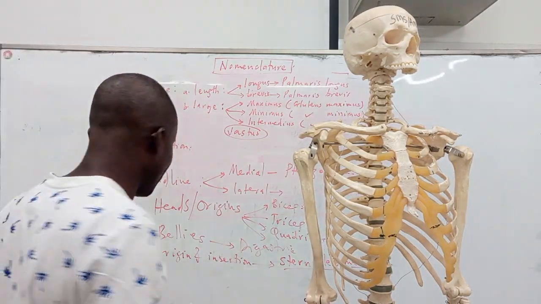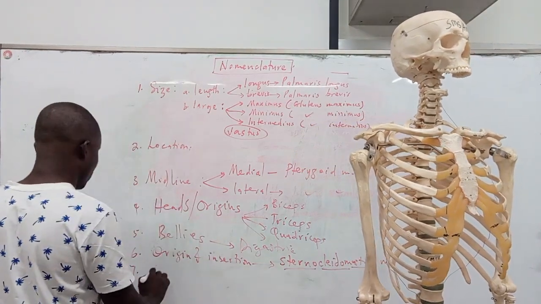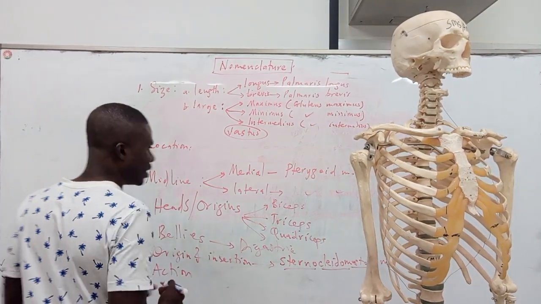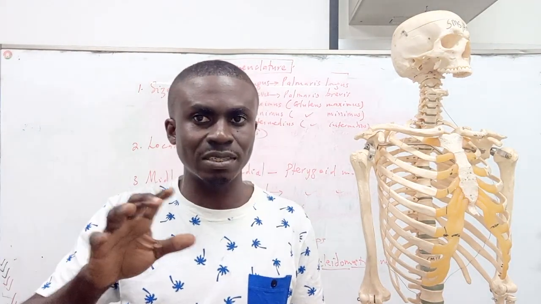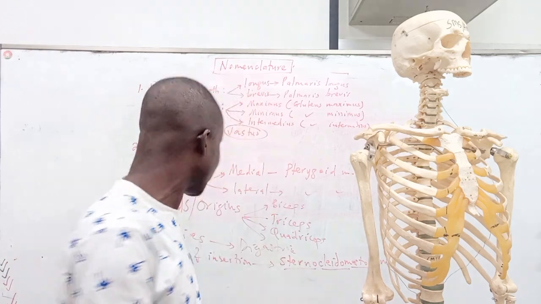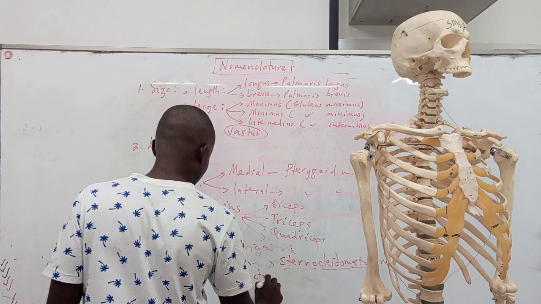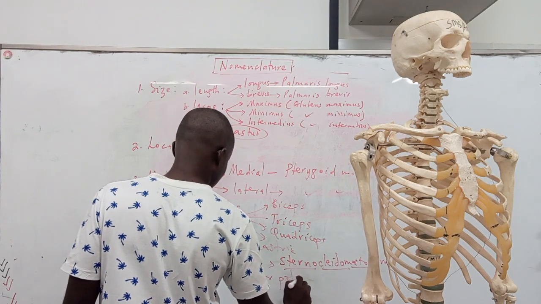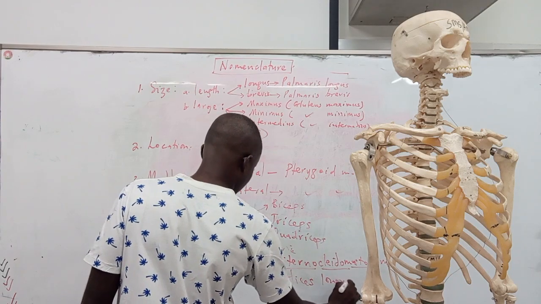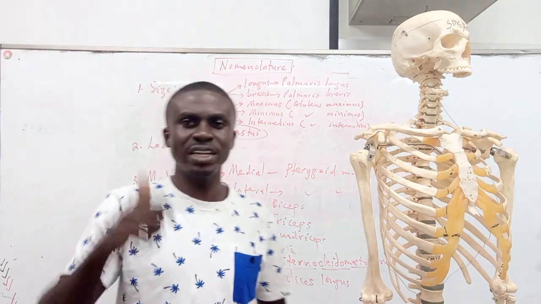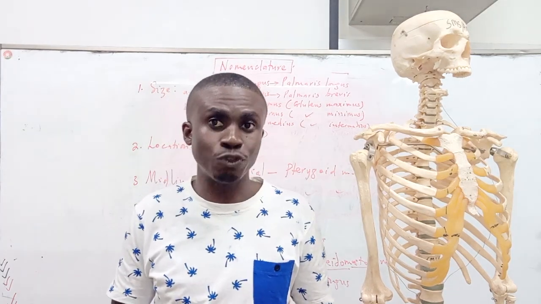You may have some muscles named based on their action, the sort of action they are performing. For instance, you may have something you call abductor pollicis longus. Anything pollicis has to do with the thumb. Hallucis has to do with the toe, the great toe.